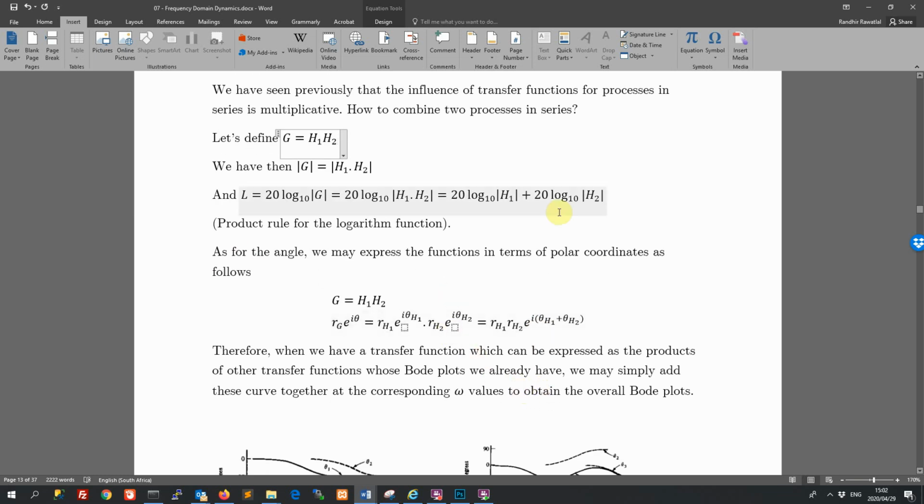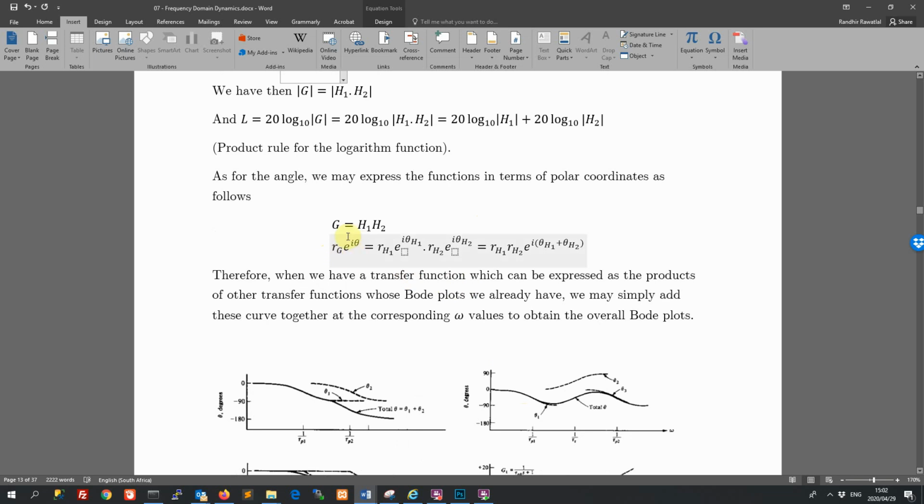Similarly, for the angle, we also show here that in terms of that complex number, if we can represent that as the product of two complex numbers, then when we group these together, we can see that the phase angles add together. And this is a consequence of choosing pure complex numbers, right? If we don't have a real part, then it's easy to just add together the complex parts, and so our angles are just going to add together as well.